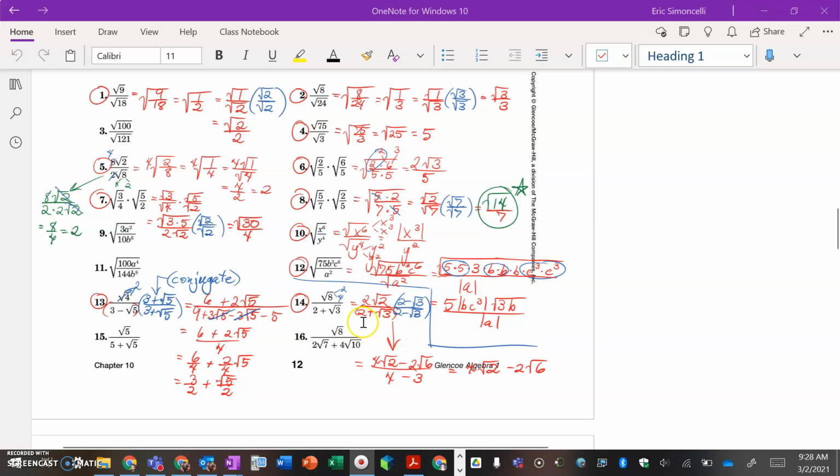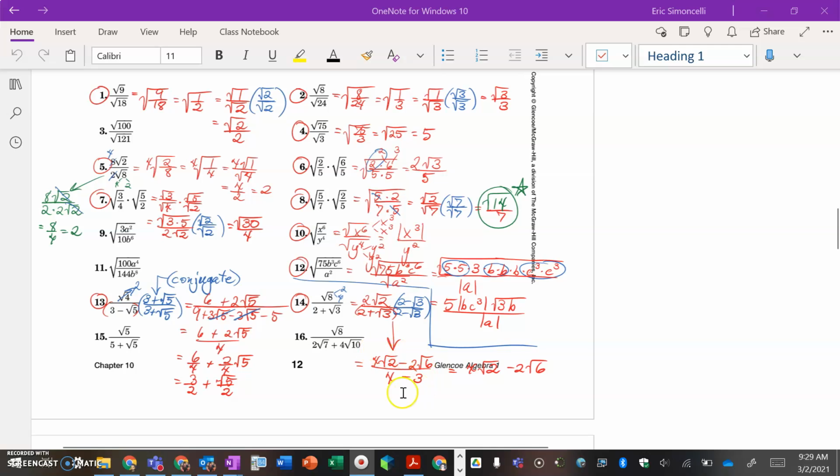The beautiful thing about multiplying conjugates now is that because outside and inside, like number 13, are going to cancel, you really just need to do first 2 times 2, which is 4, and last, root 3 times negative root 3, which is negative 3. Distribute the 2 root 2 in the numerator, so 2 root 2 times 2, or 4 root 2, and 2 root 2 times negative root 3, which is 2 times root 6, technically minus 2 root 6.